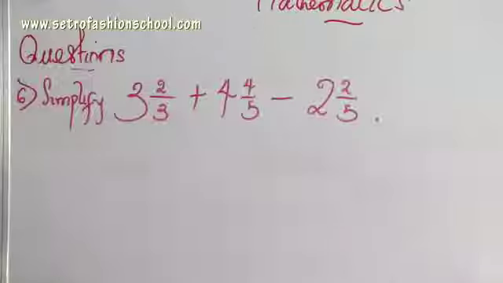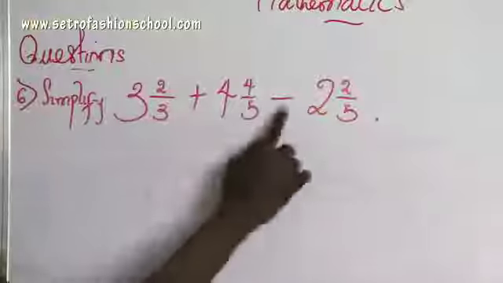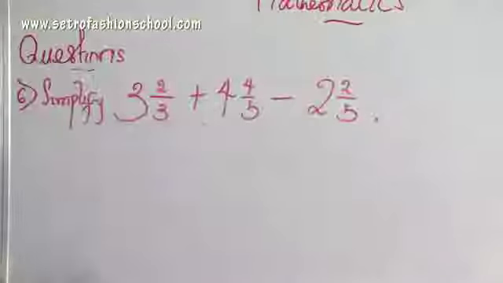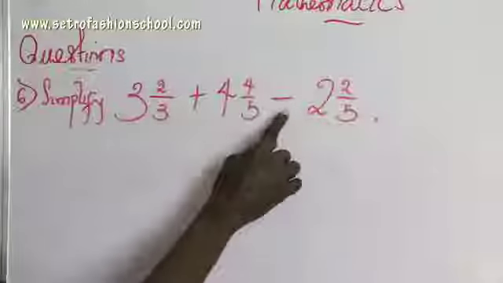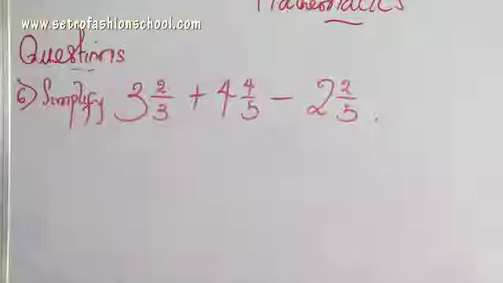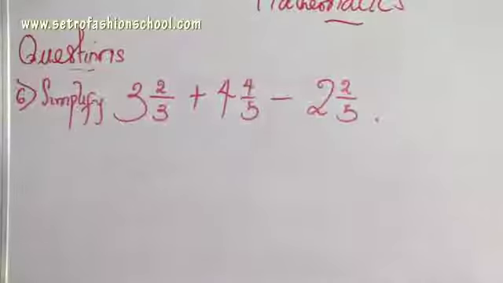Now, another thing you should observe again is that the signs in between them are not the same. They are different signs. You have plus, you have minus. How can you then calculate or deal with this kind of situation?